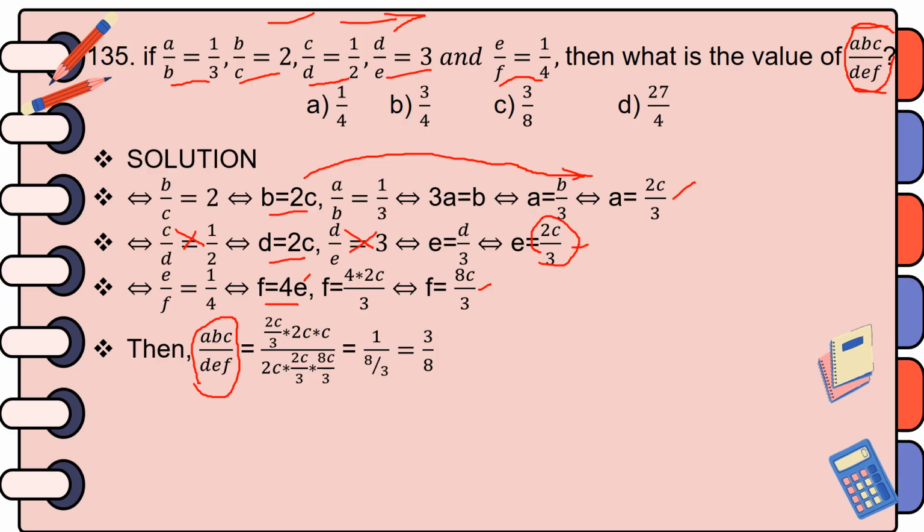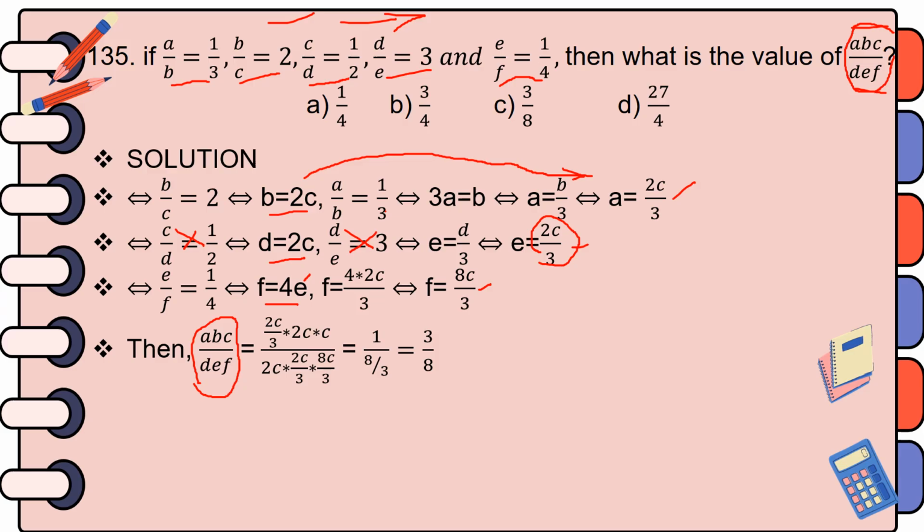Now substitute these values in place of A, B, D, E, F in this equation. So you get 2C over 3 times 2C times C, the whole over 2C times 2C over 3 times 8C over 3.